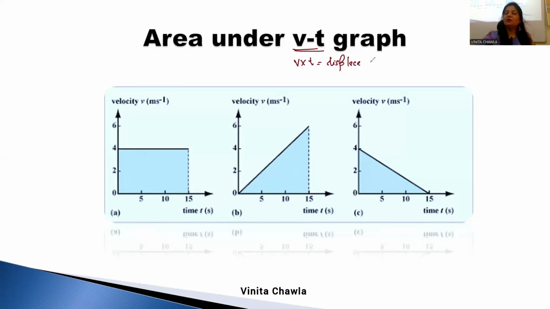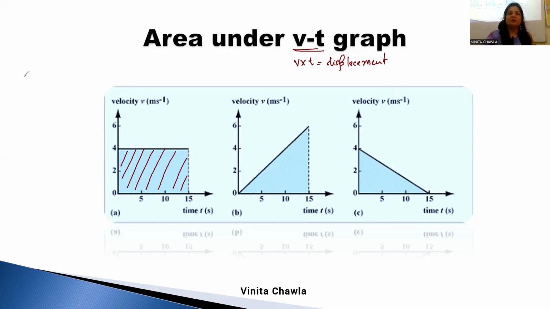So area under the VT graph gives displacement. Can you find the displacement, the area of this shaded portion? Displacement or distance covered by the object in the first 15 seconds of its travel. So 0 to 15 seconds. In this time interval, we can find the displacement of the object.